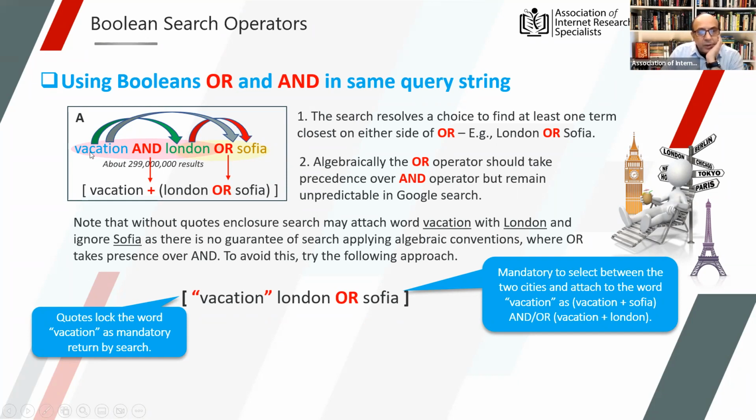So if we have a query such as vacation and London or Sofia, we can make this combination too, where London or Sofia can be a choice, whereas vacation and London is not a choice.